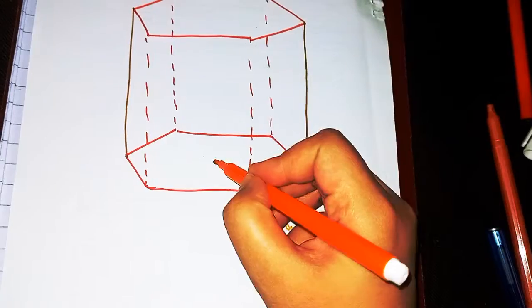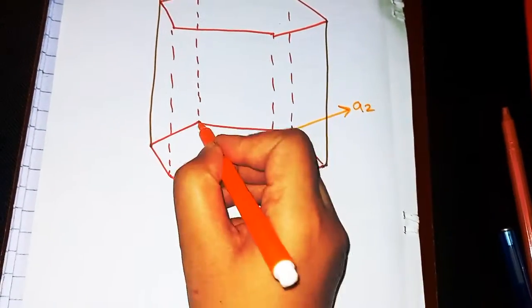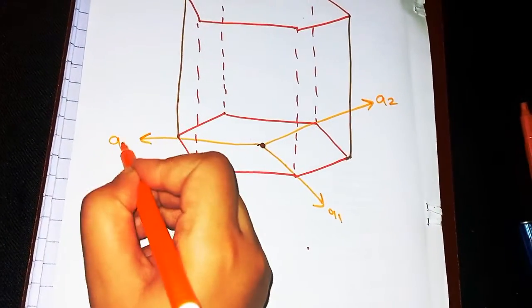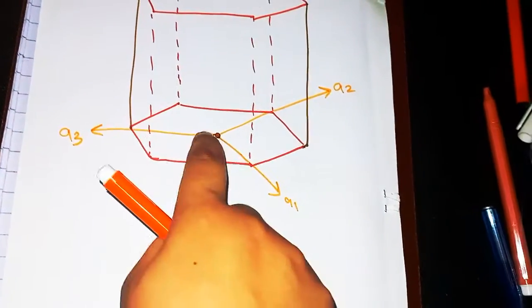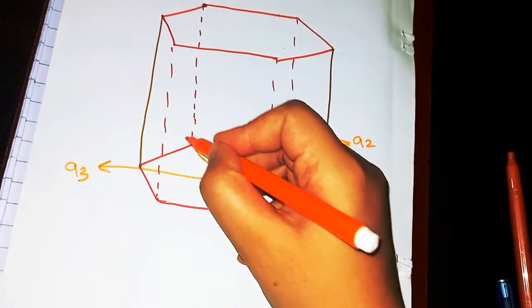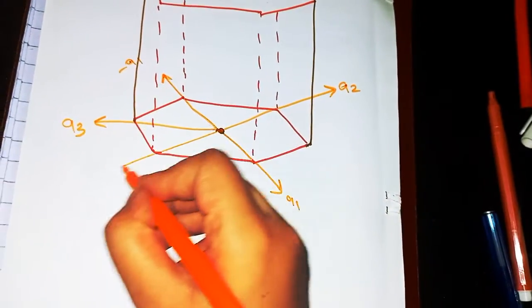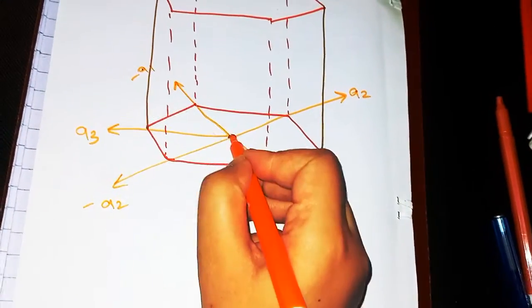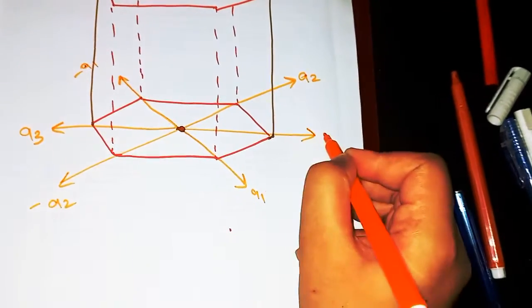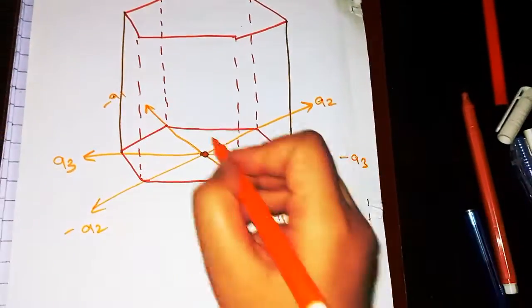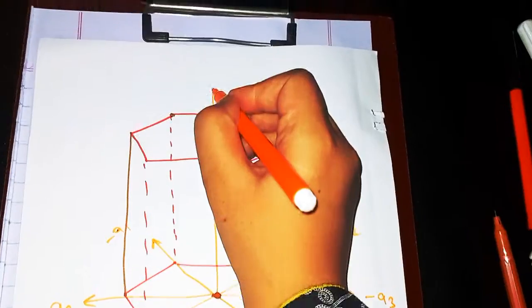Okay, leaving this corner, this is the positive A2 axis. Leaving this corner, this is the positive A3 axis. This one is the negative A1 axis. This is the positive A2 axis. This is the negative A2 axis. Positive A3, negative A3. Okay, and this vertically upward is the Z axis.